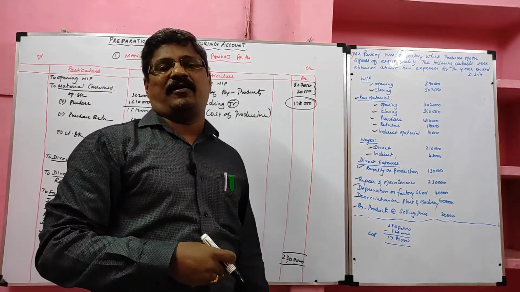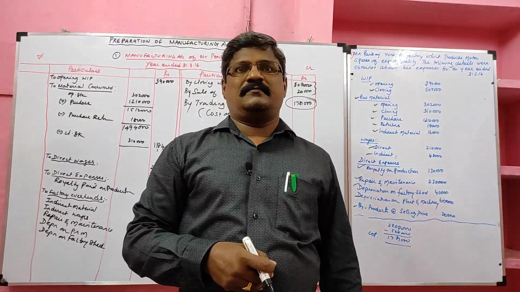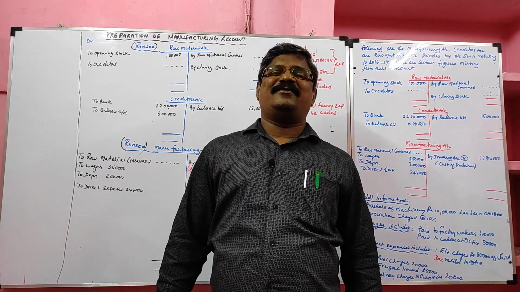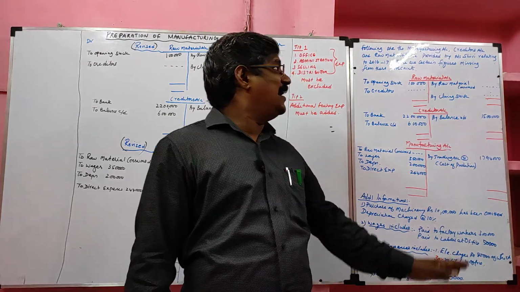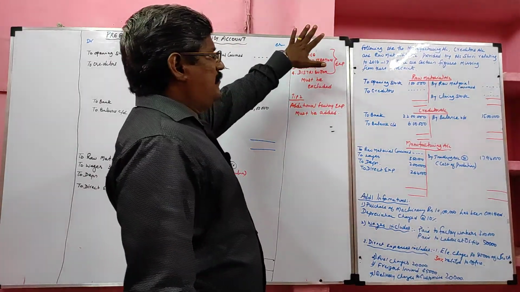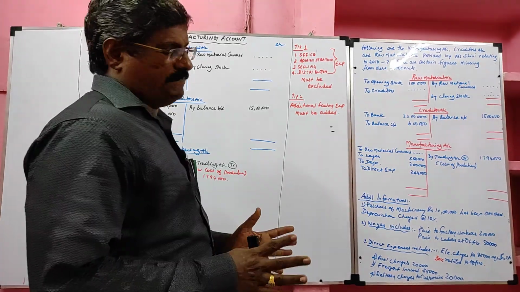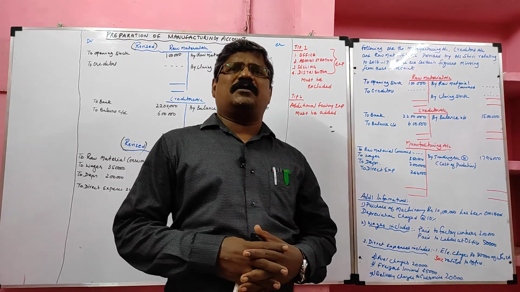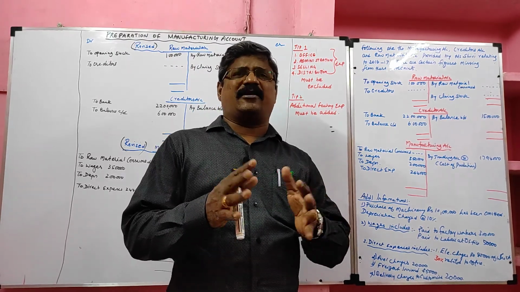Students, let me see the second problem relating to the manufacturing account. Look at the board. Before solving this problem, we have to learn two tips. First tip: in the manufacturing account, only factory expenses are to be recorded.